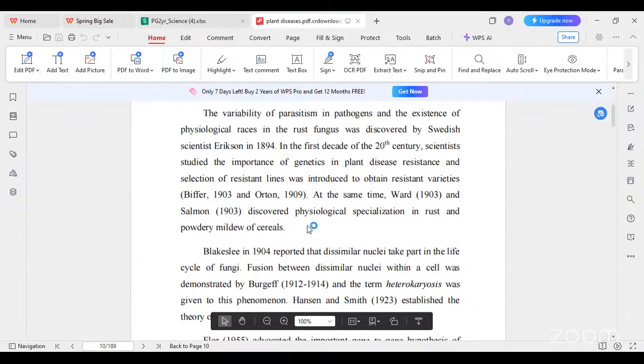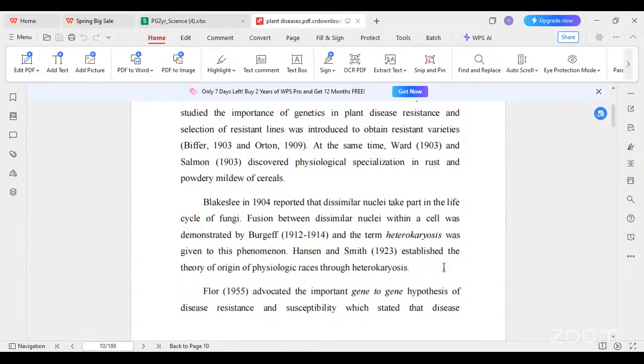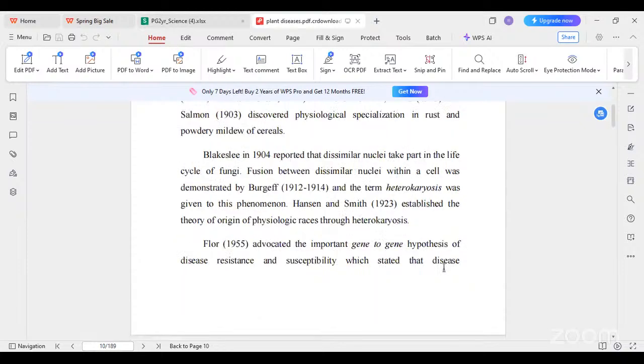Blakeslee in 1904 reported that dissimilar nuclei take part in the life cycle of fungi. Fusion between dissimilar nuclei within a cell was demonstrated by Burgess in 1912 to 1914, and the term heterokaryosis was given to the phenomenon.